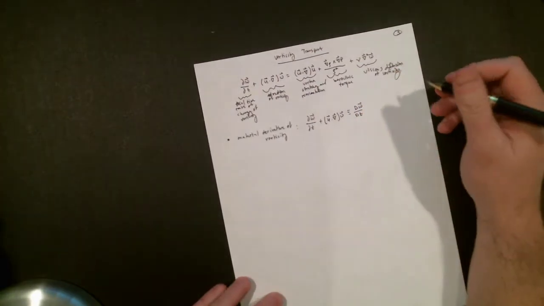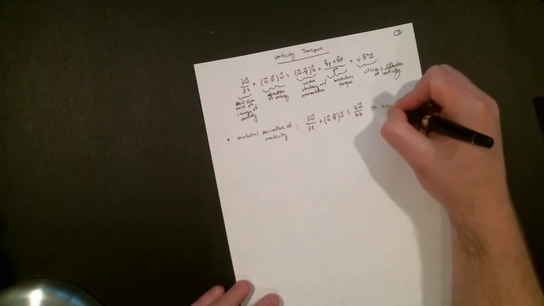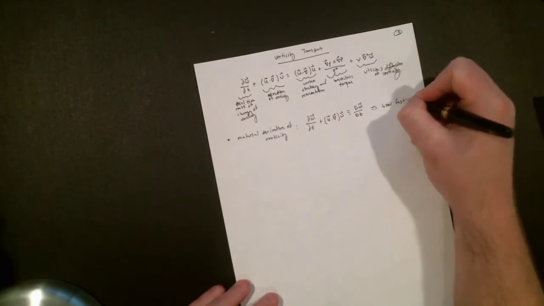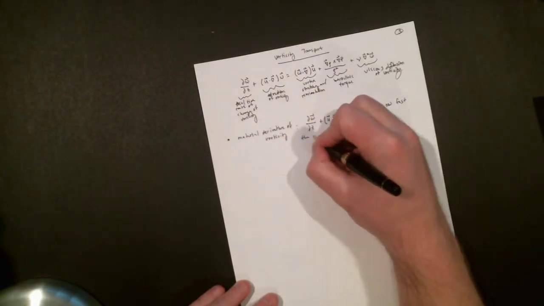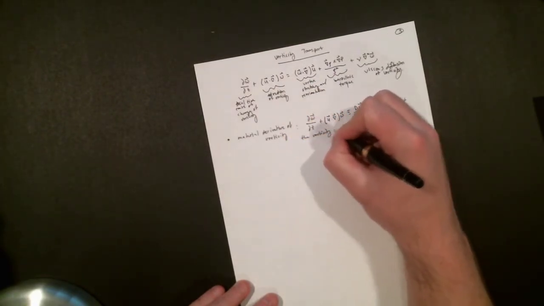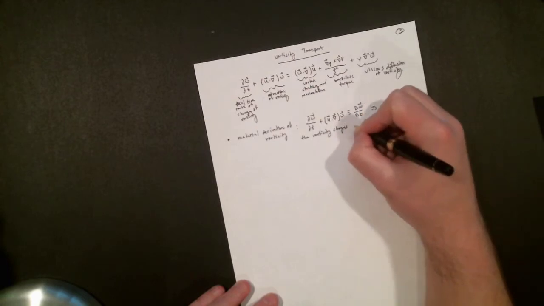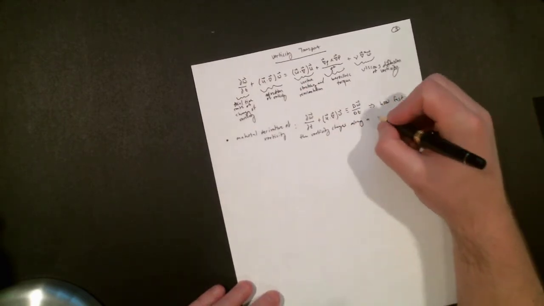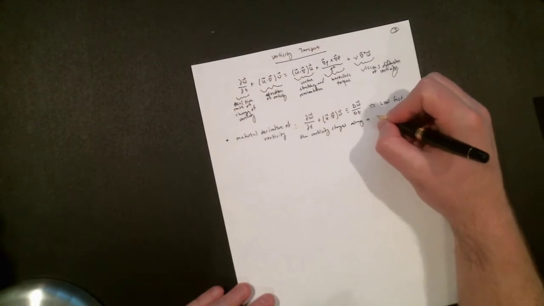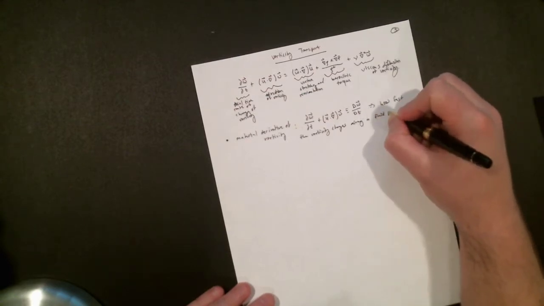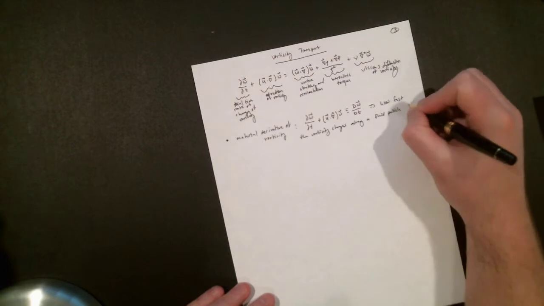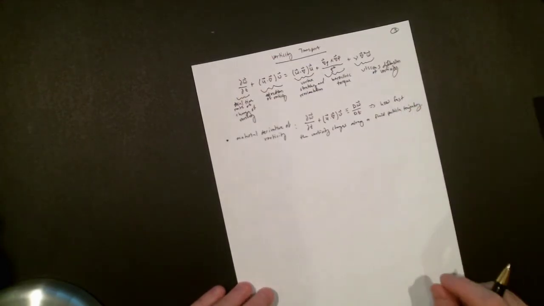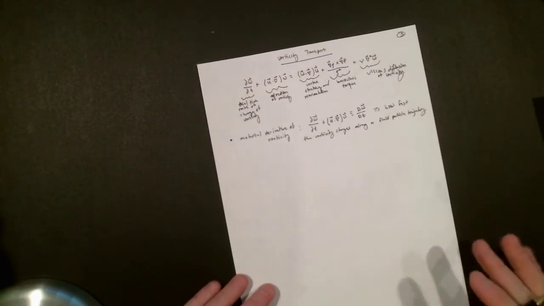So what does this tell us? This just gives us how fast the vorticity changes along a fluid particle trajectory. Right, so just how that's changing.